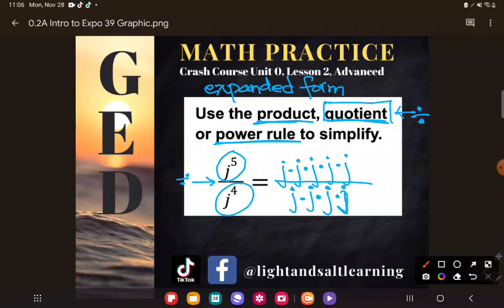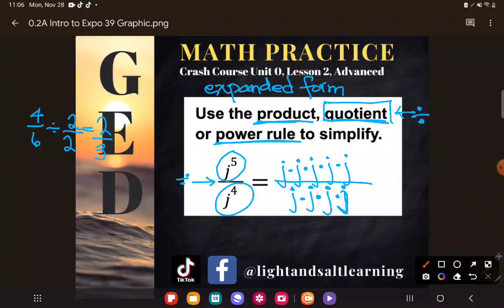Common factors can cancel. You might remember that when we were doing such simple problems as reducing 4 over 6 to the lowest terms. We said, they have a common factor of 2. I can divide it out or cancel it out of both of those.